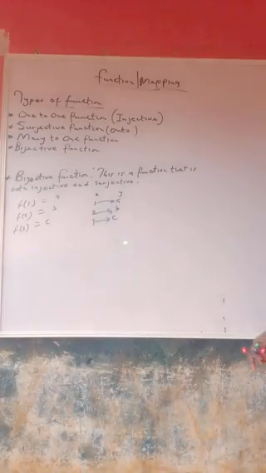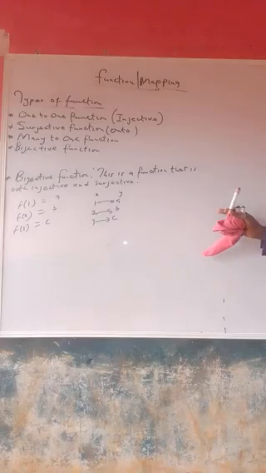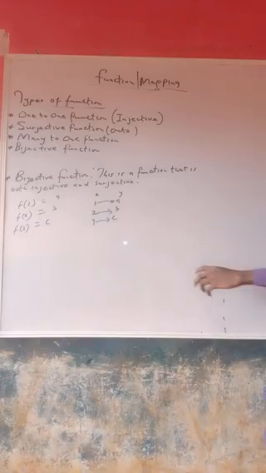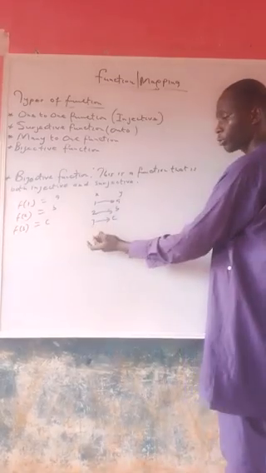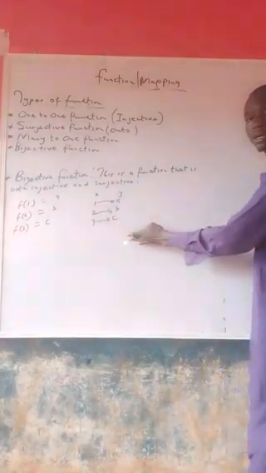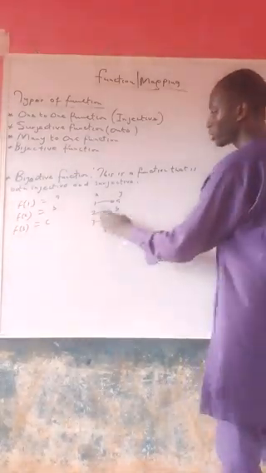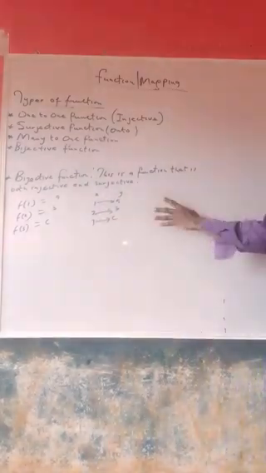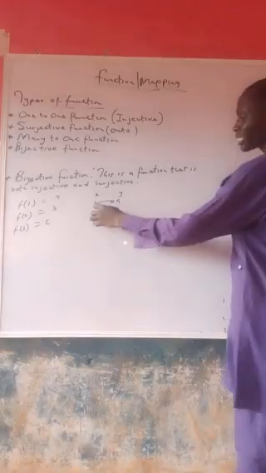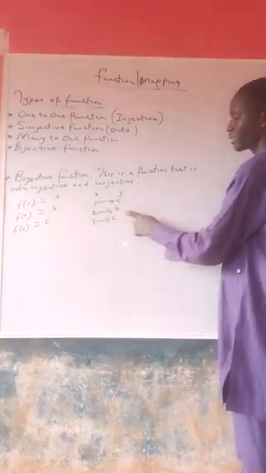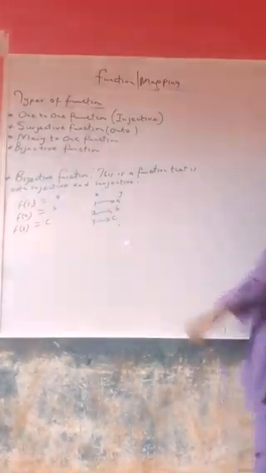Because if you look at this, it follows the protocol for a one-to-one function, and also follows it for the surjective function. If you want to check it for the injective function, every element of the domain is having a distinct image in the codomain. 1 is having a distinct image, 2 is having a distinct image, 3 is having a distinct image.